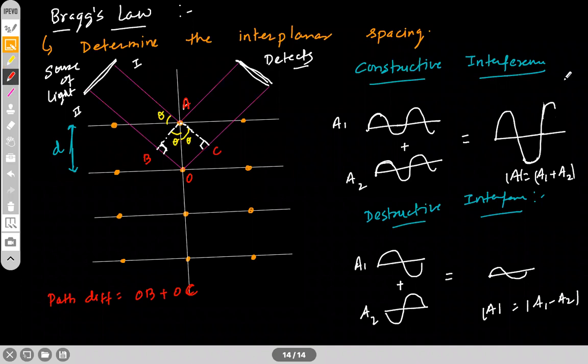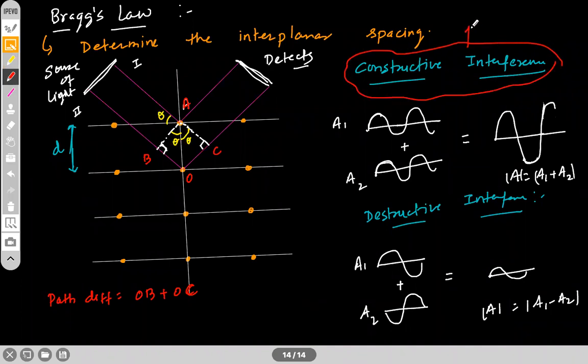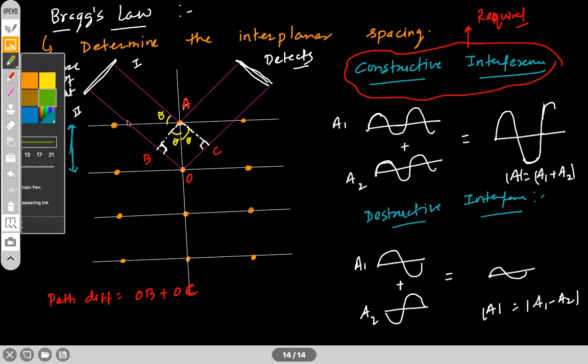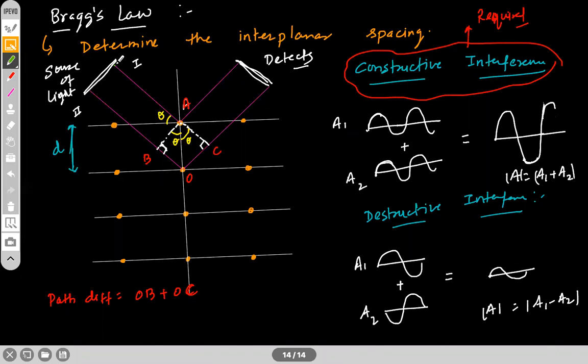This is one important question you can ask: what interference is required? We require constructive interference for this purpose. Constructive interference means we have the same phase. Same phase means the two waves that come out from this source go like this.